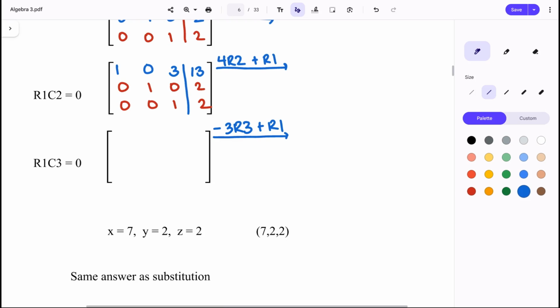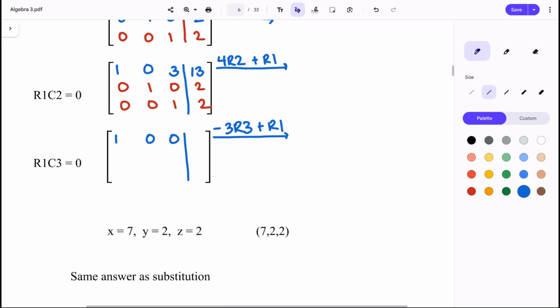Okay, so let's think about, again, we're back here now. So negative 3 times 0 is 0, plus 1 is 1. This is just going to be a 0, because it's negative 3 times 0 plus 0. Negative 3 times 1 is negative 3, plus the 3 is 0. That's what we wanted.